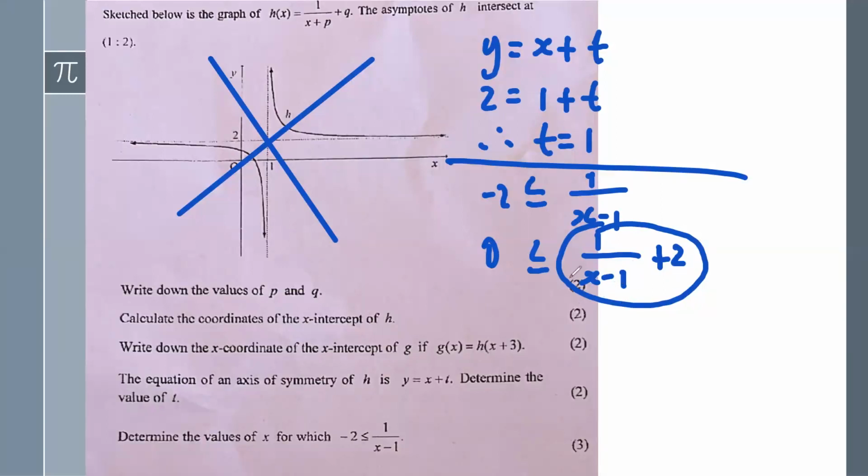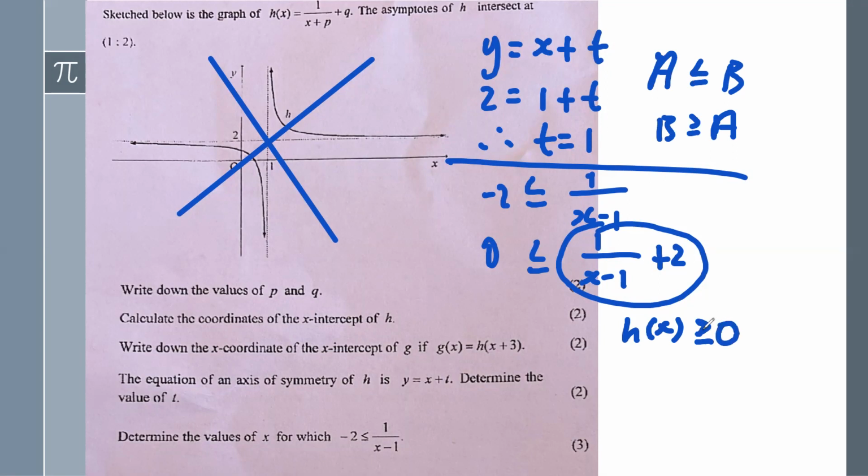This is actually our original function, h of x. Now, let's think about this. If I say a is less than or equal to b, it means b is bigger than or equal to a. So this implies that h of x is bigger than or equal to 0.